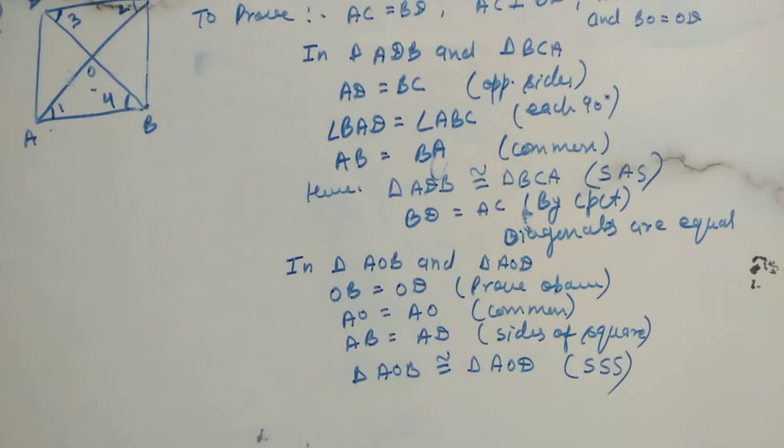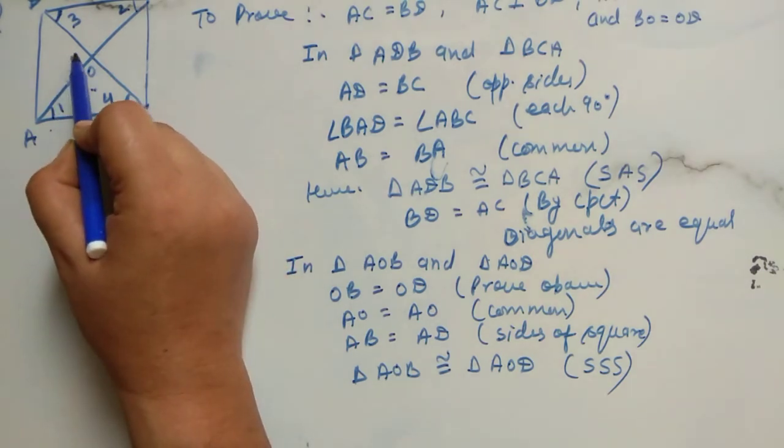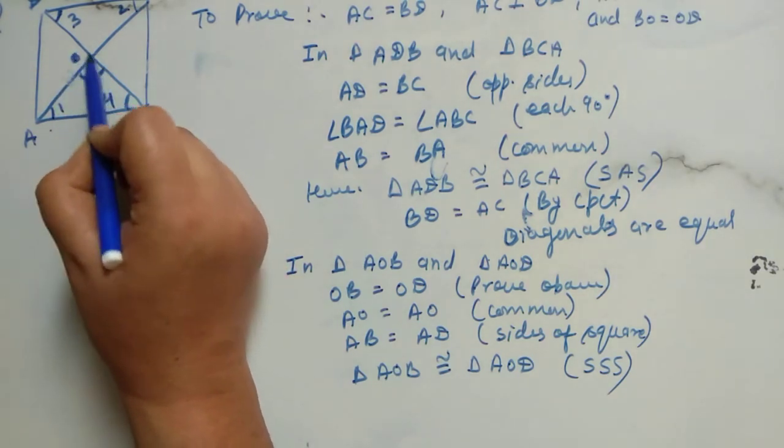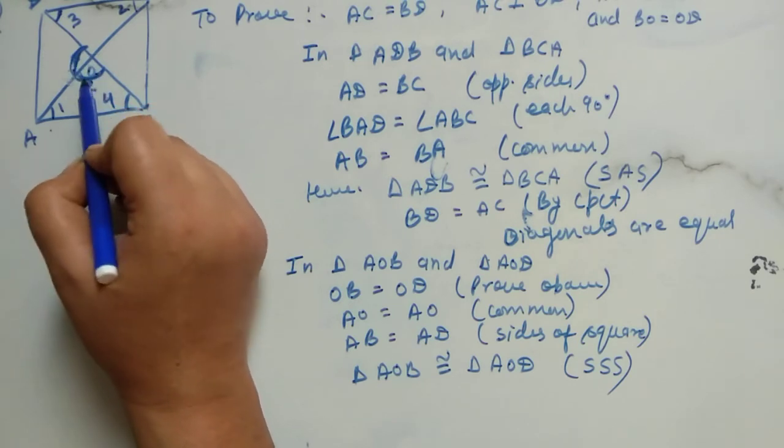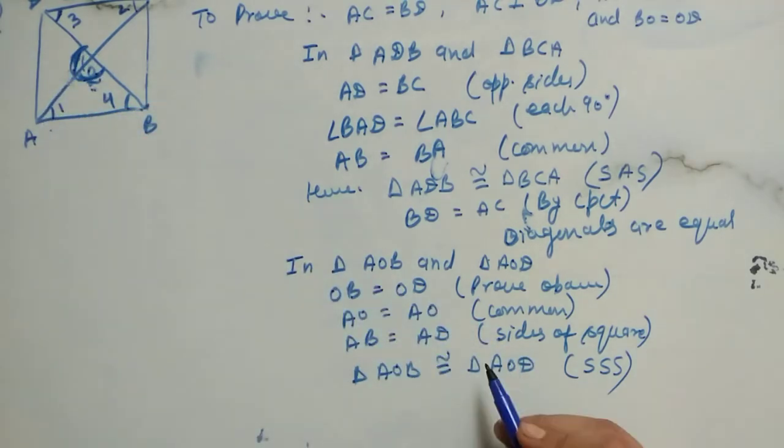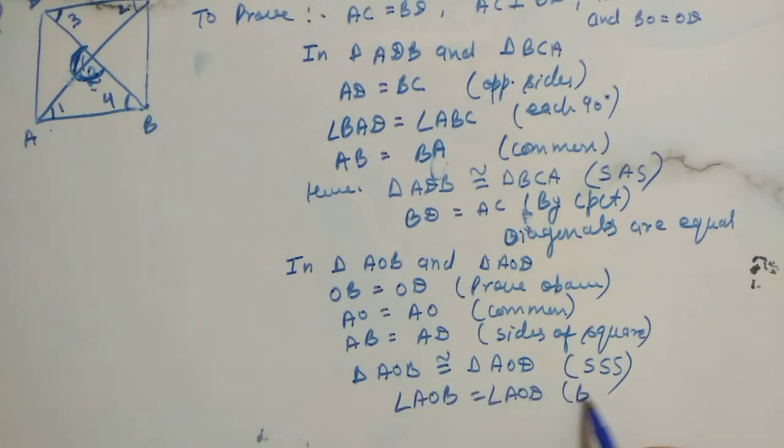By this criteria, both triangles are congruent. If both triangles are congruent, then the remaining parts are equal. What are the remaining parts? These two angles. So angle AOB is equal to angle AOD by CPCT.